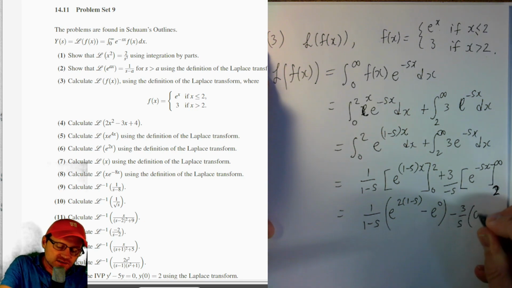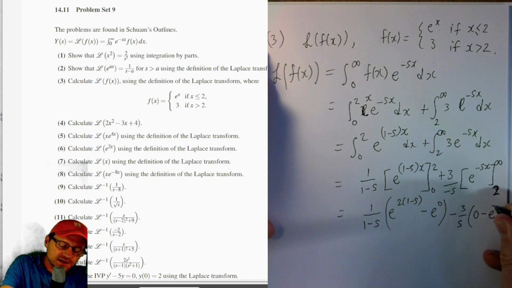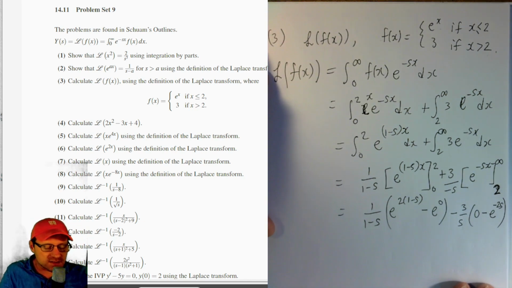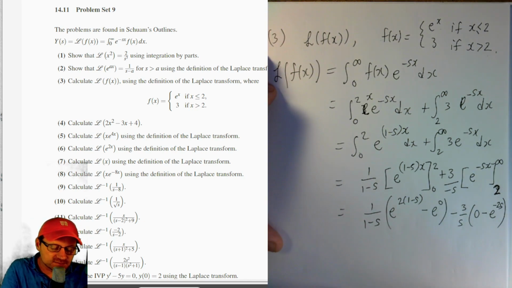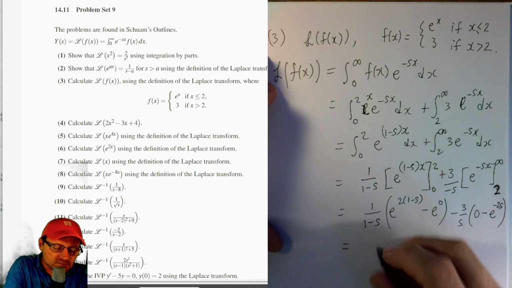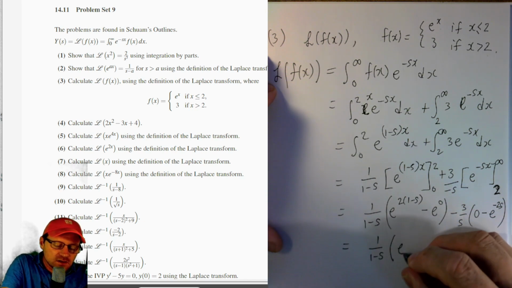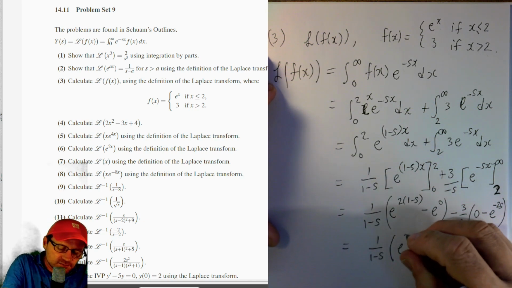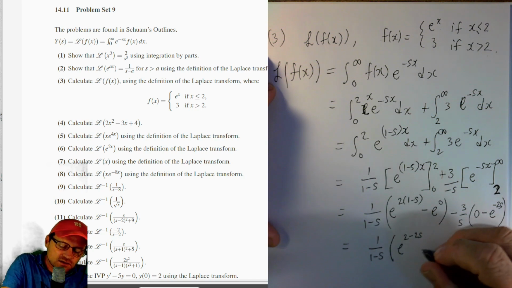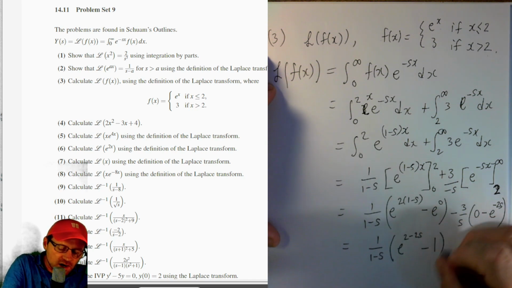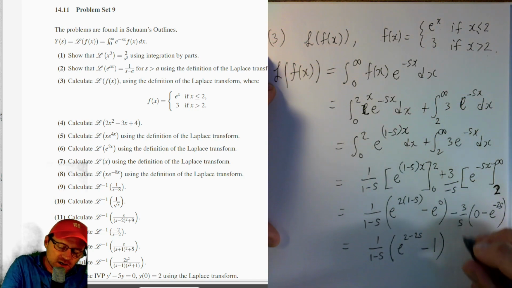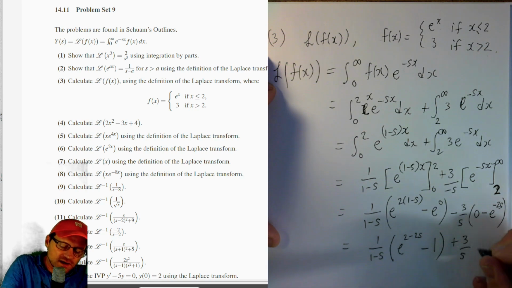I'll put in brackets 0, and then minus e to the minus 2s. Okay, so we need to simplify this. So 1 over 1 minus s, e to the 2 minus 2s, then subtract 1. And then over here we have plus 3 over s, e to the minus 2s.